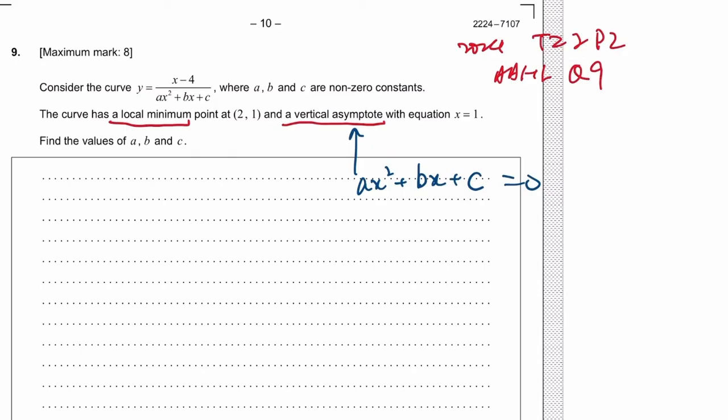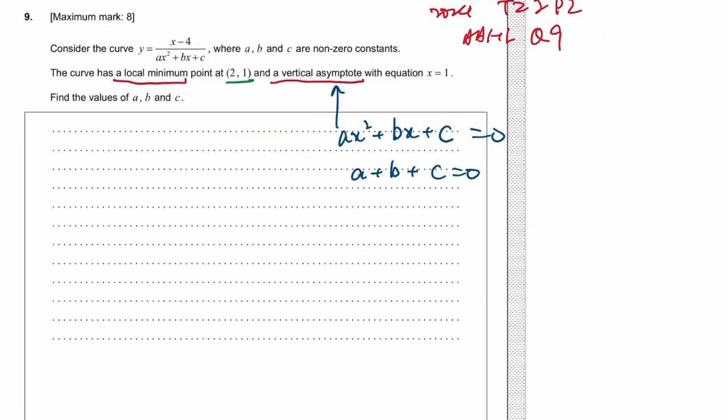But anyhow, that would mean we can at least sub in 1, so we know a plus b plus c is 0. So I guess that's useful. Well, we also know one of the points is (2, 1). That means if x is 2, y is 1. So we can also sub that in.